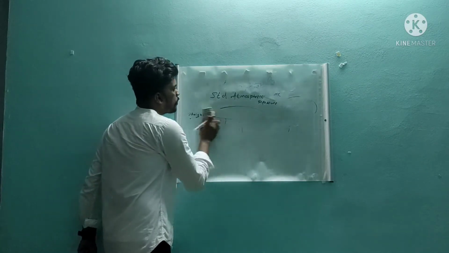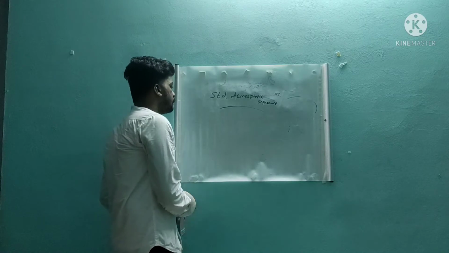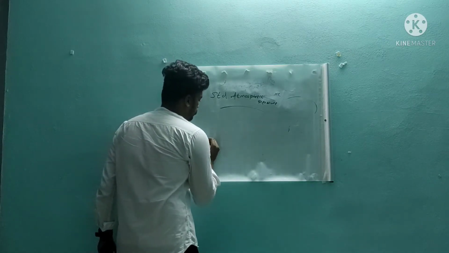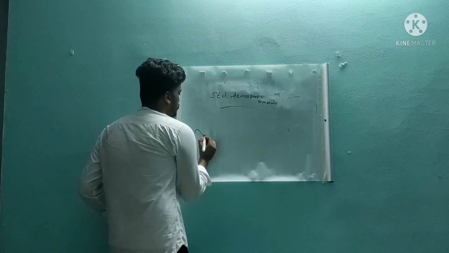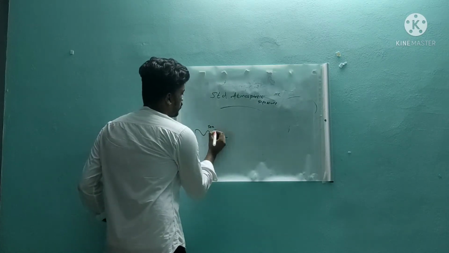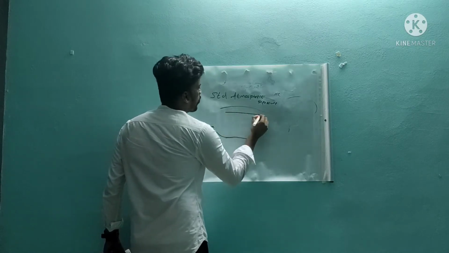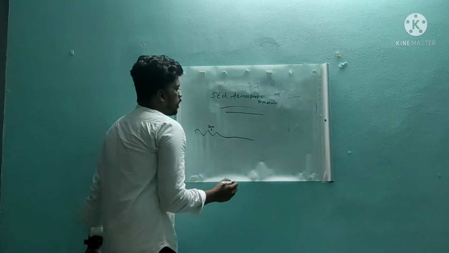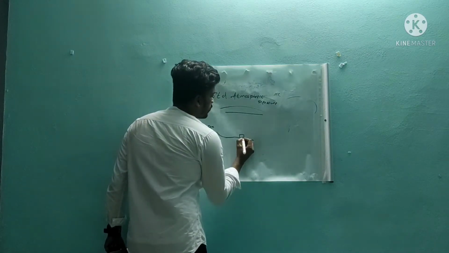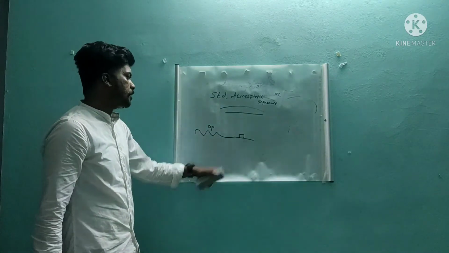For standard atmospheric pressure, we are taking sea level. Consider this is a sea. This is sea level, and this is the end of the atmosphere. What is the atmospheric pressure of this unit area?